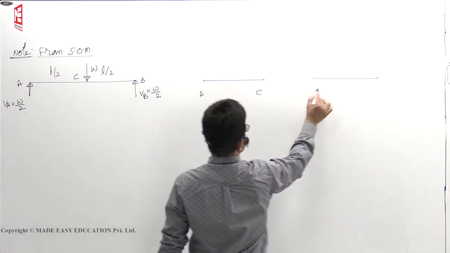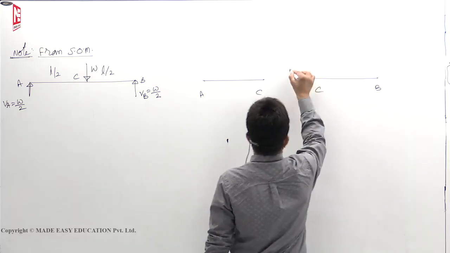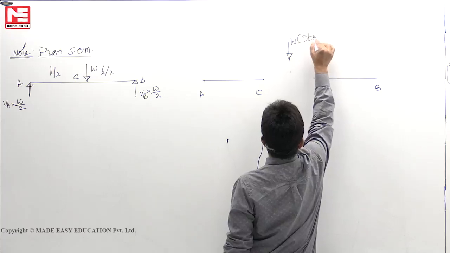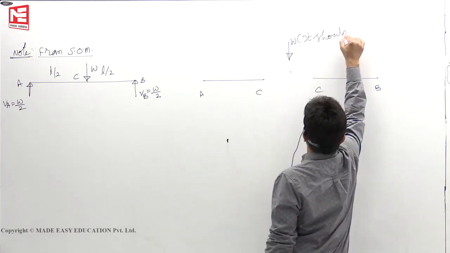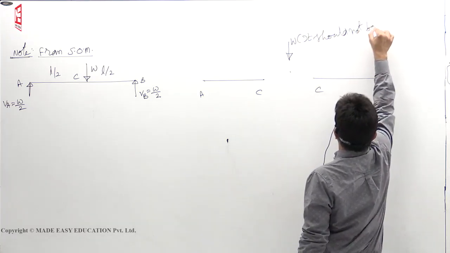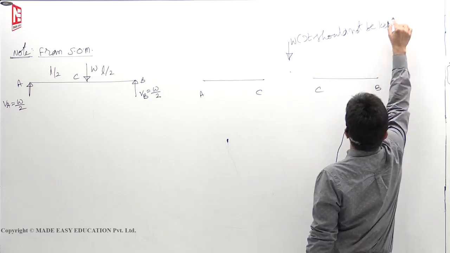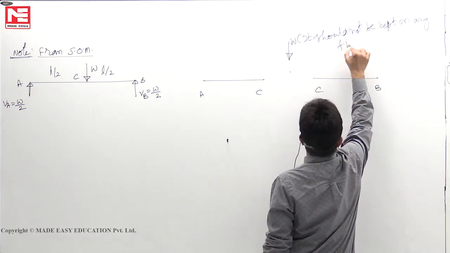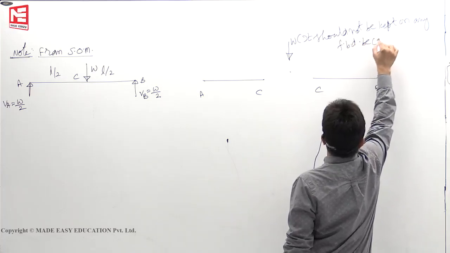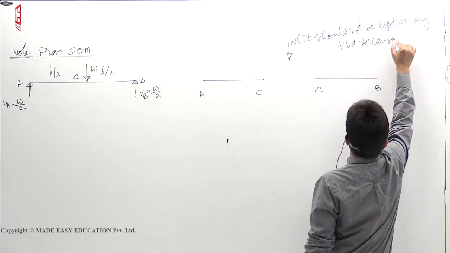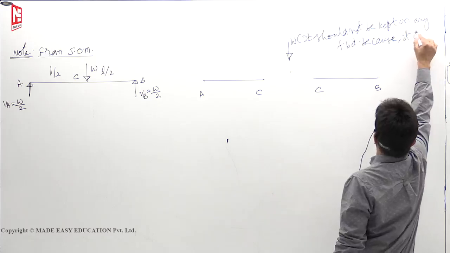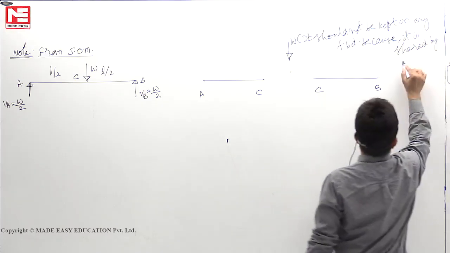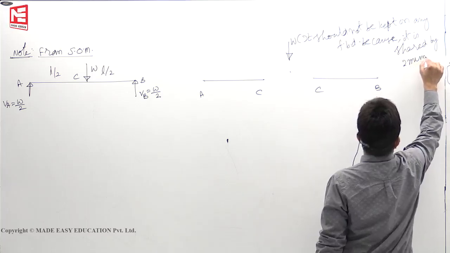This is AC, CB. Now this W you have to keep somewhere here. It should not be kept on any free body diagram. Same reason, because it is shared by two members.